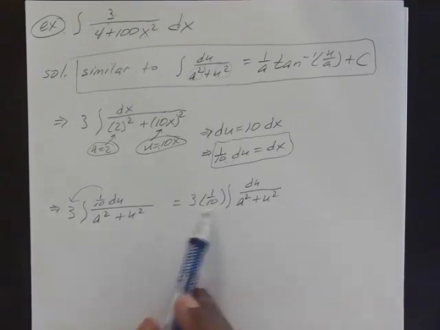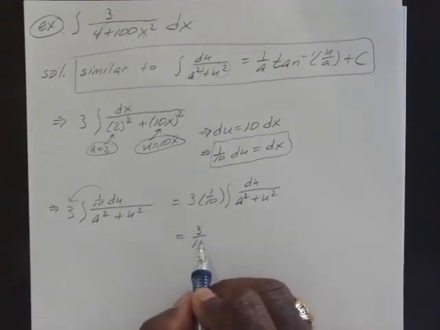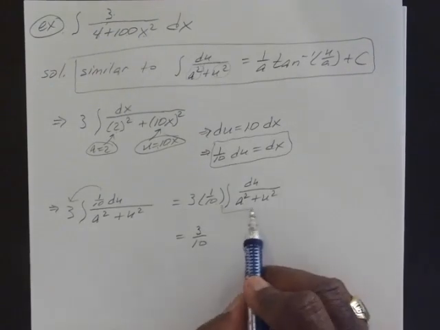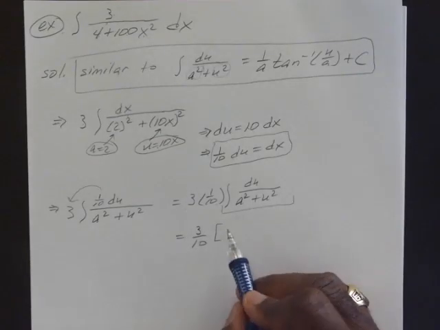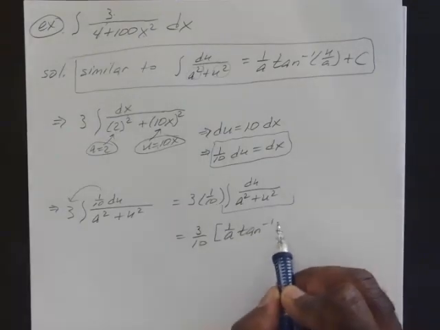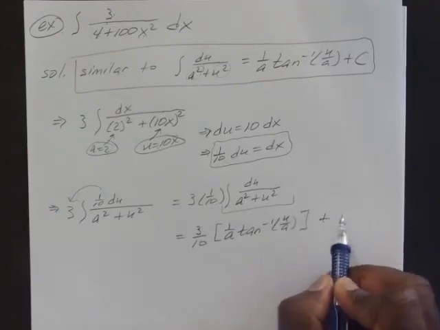Okay, well, that 3 times 1 over 10, we can just rewrite that as 3 over 10. And this integral of du over a squared plus u squared, we know that is just 1 over a times tangent inverse of u over a plus c.